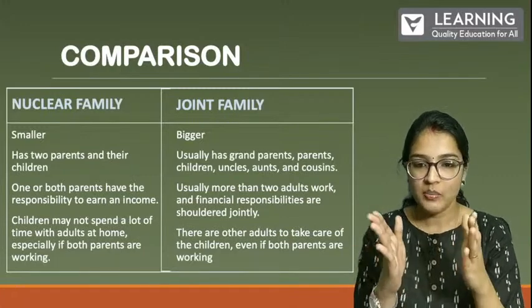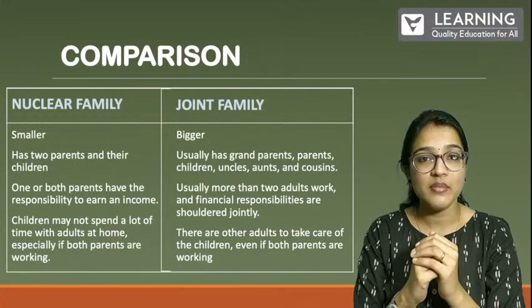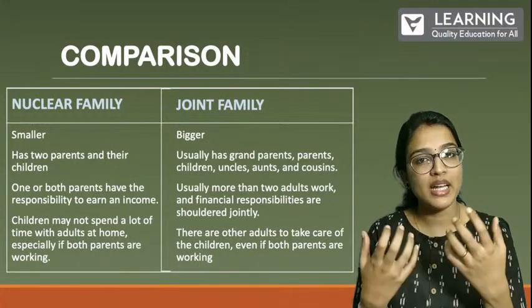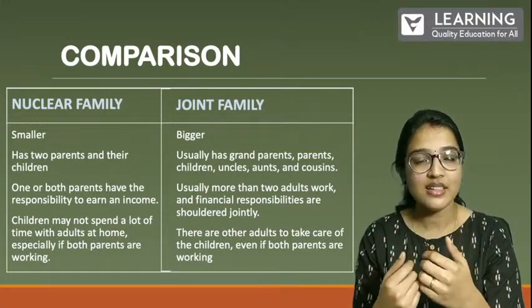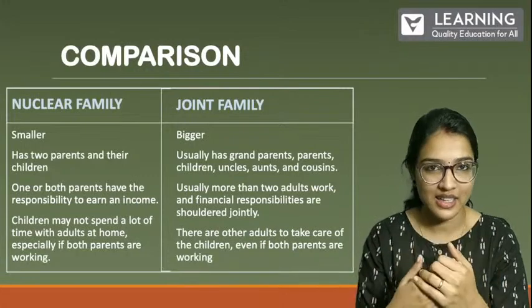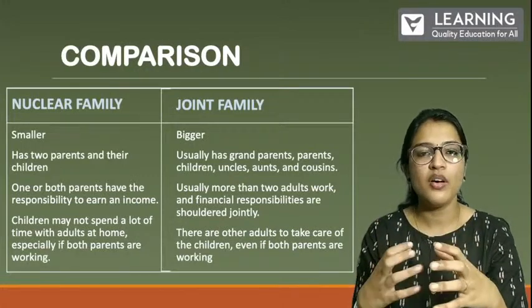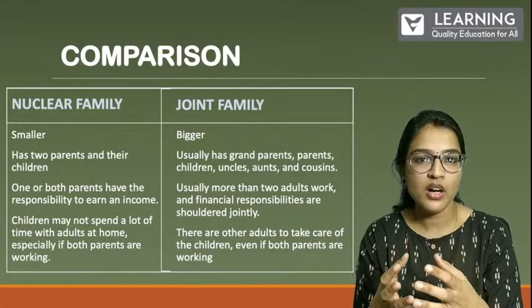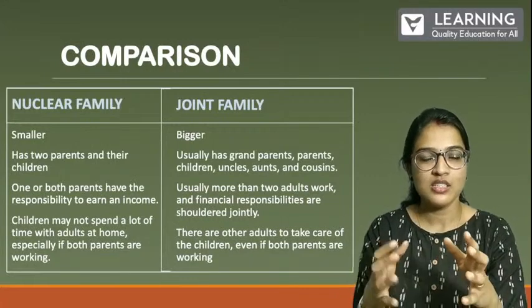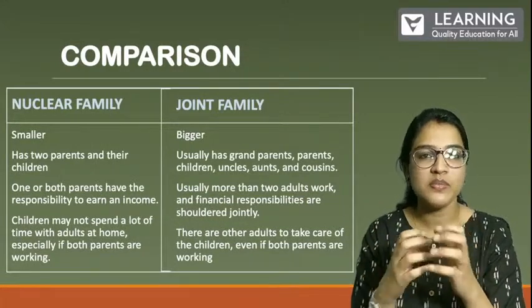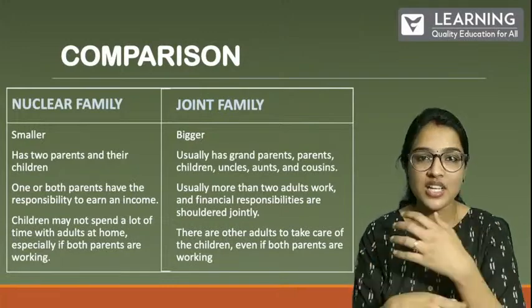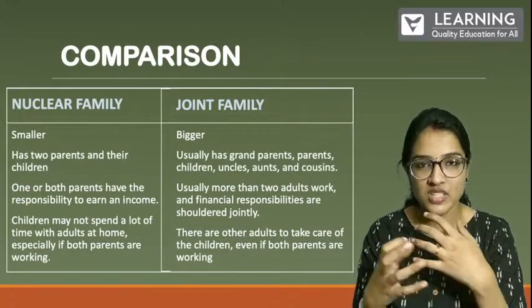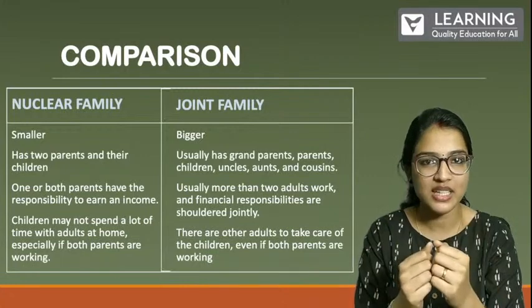Okay. But what is the case of joint family? In joint family, there are many adults, right? Grandparents are there, parents are there, uncle, aunt are there. So any one of them or any two can go out for work or all of them can go out for work. So that means that income problem is not there because they will share the money, right? They will be sharing the responsibilities.